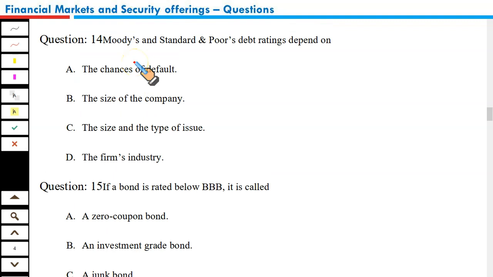Moody's, Standard & Poor, Fitch, these top three rating agencies, their debt ratings depend upon what? When they rate debts, what basically they look for? What basically is the criteria? Yes, they do consider the size of the company. They do consider the size and the type of the issue.